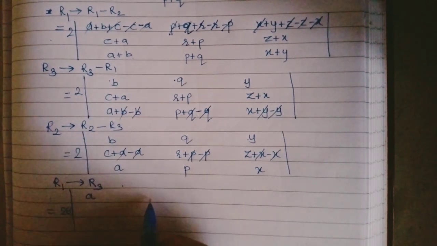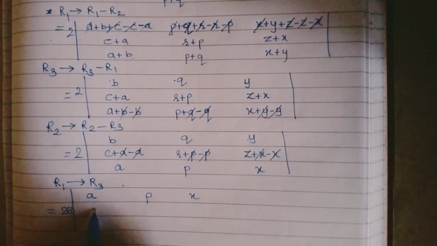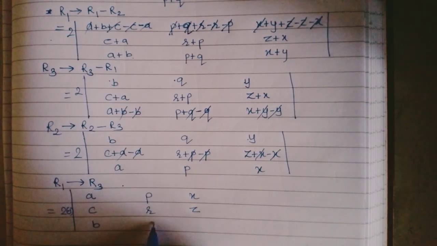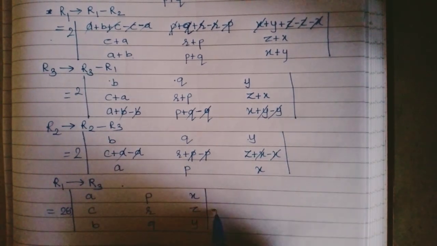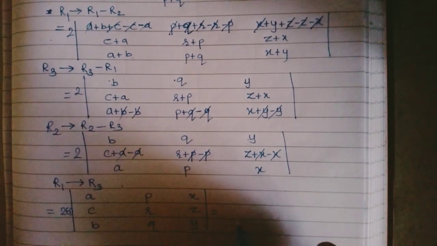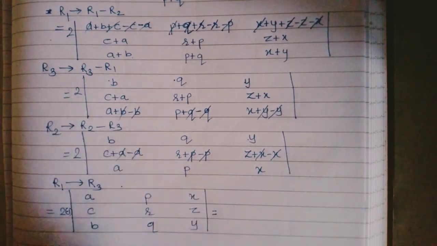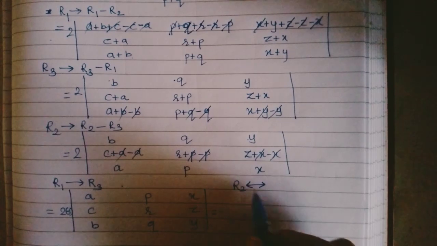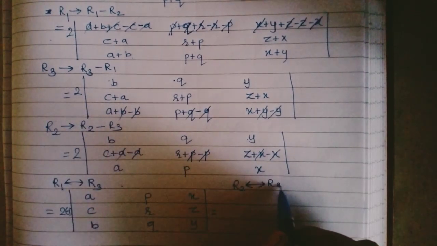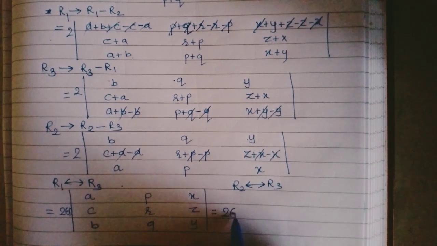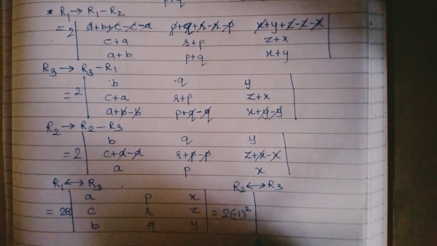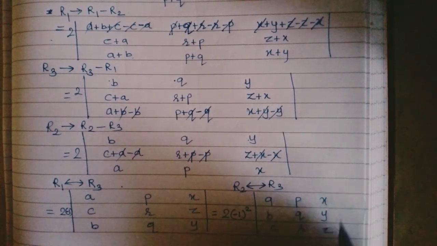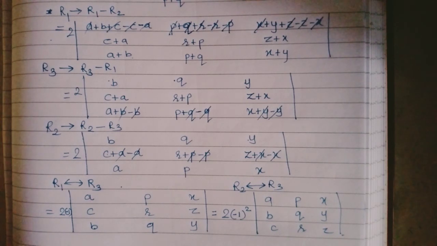So this will be A, P, X, C, R, Z and B, Q, Y. Now I am again interchanging the rows. Okay, so now to interchange R2 and R3, again I get minus 1, so this will be minus 1 squared. So A, B, C, P, Q, R and X, Y, Z. This is our desired answer.